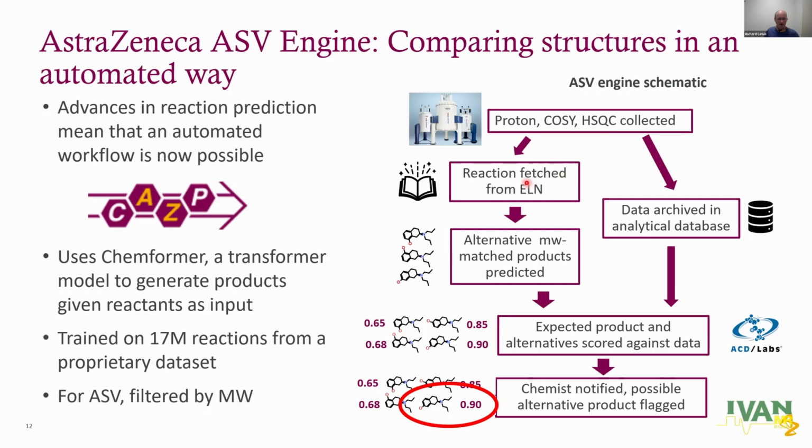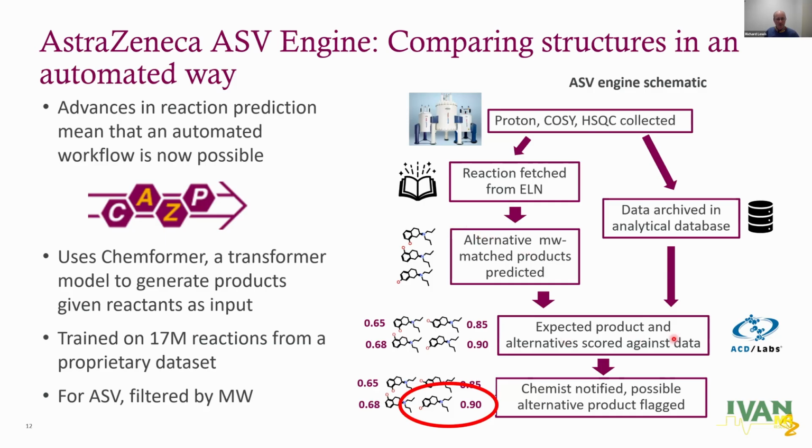So that's extracted. That is sent off to the CASP, the reaction prediction software, which predicts alternative products that might be made. So these are matched for molecular weight because we're assuming that all of these have been pre-tested by mass spec and they pass those criteria.